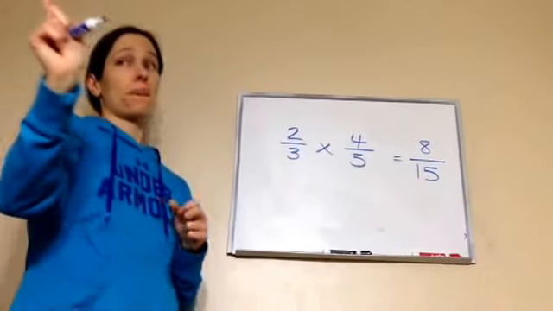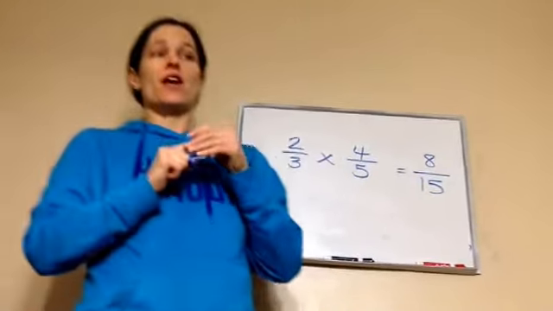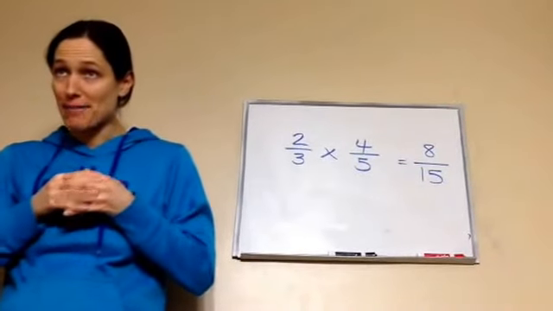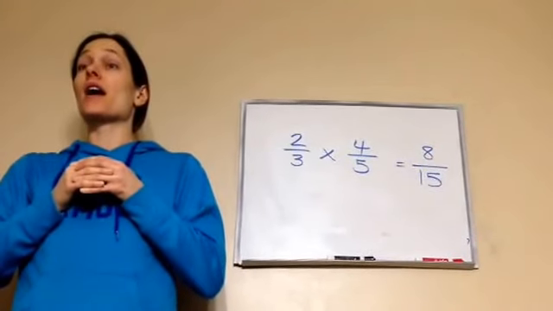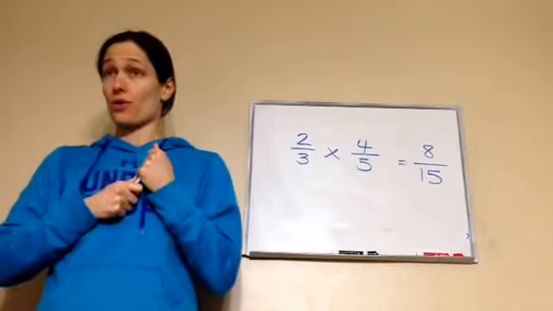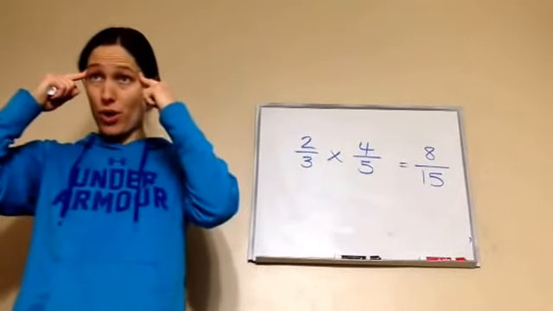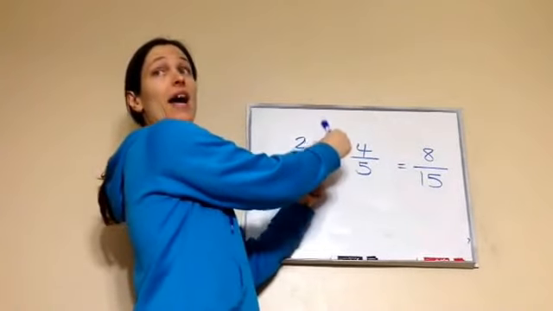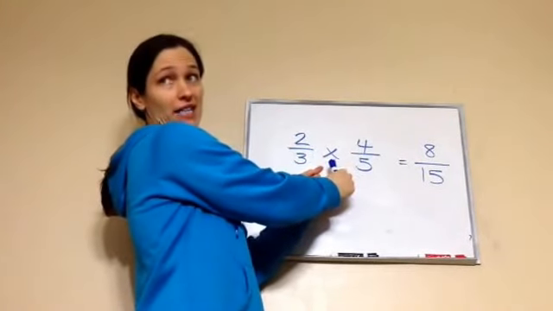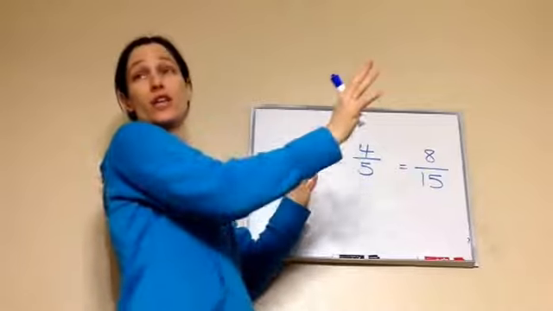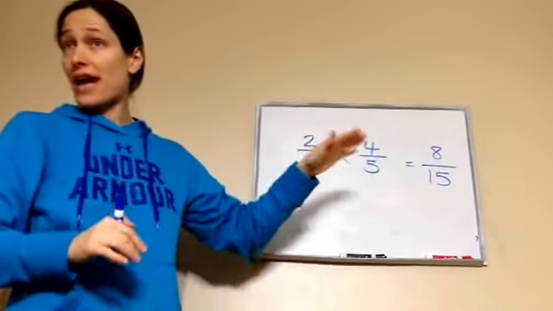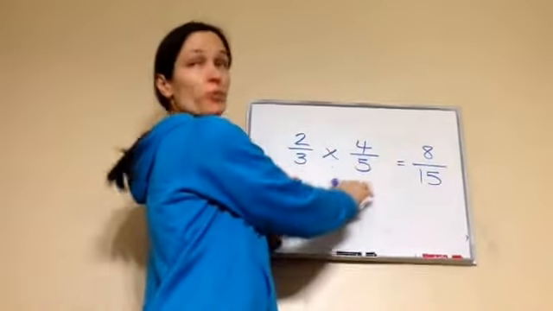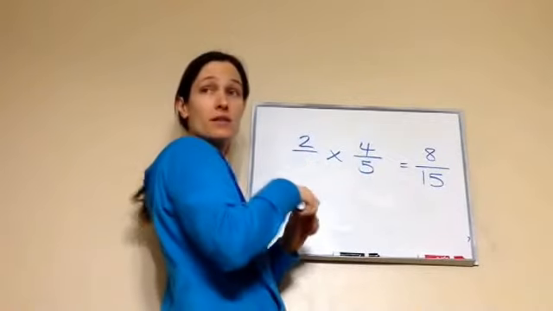So, here's what I need you to understand. The most confusing thing in math, at your age or even as you get older, is to remember the rules when you're multiplying, adding, and subtracting. They're different. When you're adding and subtracting, the denominator will be the same, always.